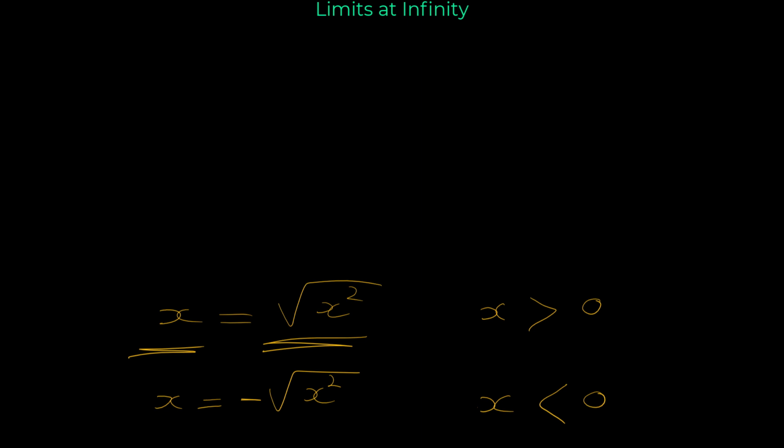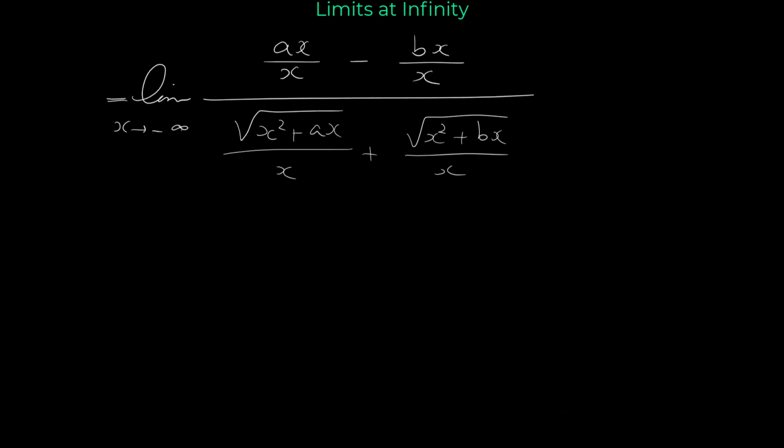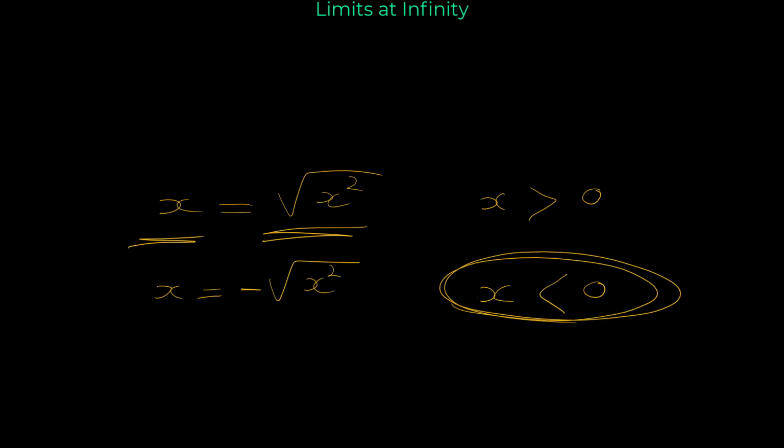When x is less than 0, x equals negative radical x². So here in the denominators, we have to replace every x with negative radical x². Don't make this mistake of thinking radical x² is always x. Radical x² is x when x is greater than or equal to 0.